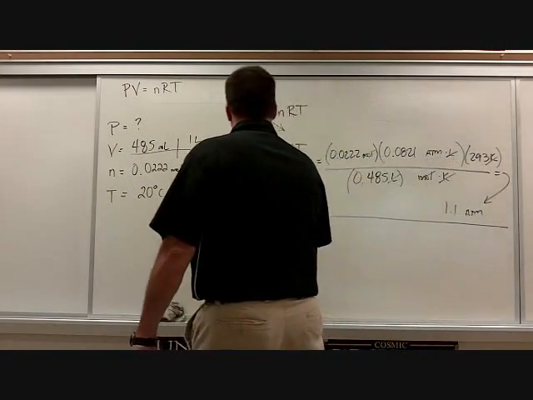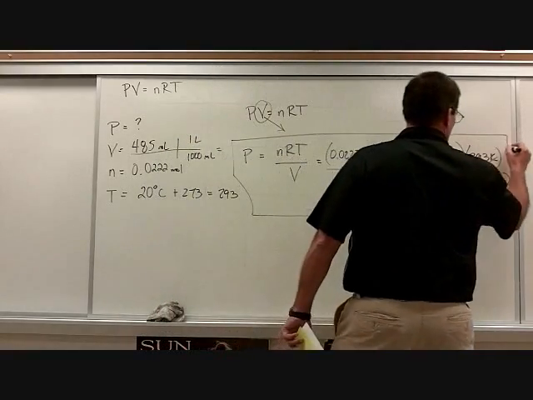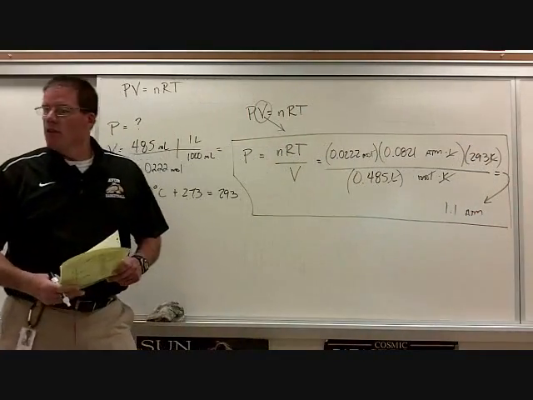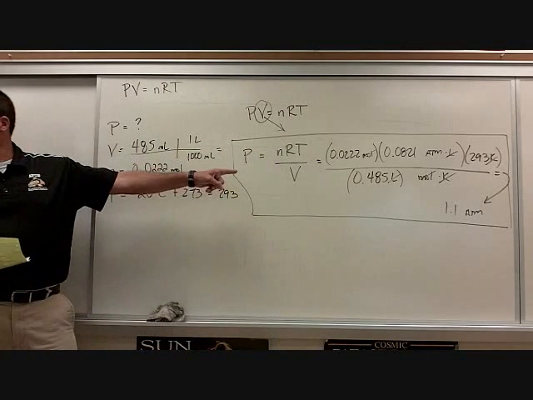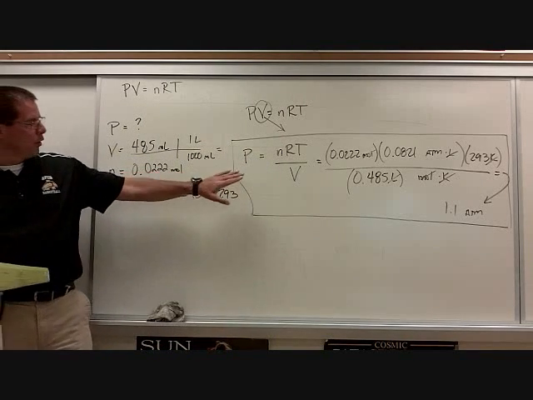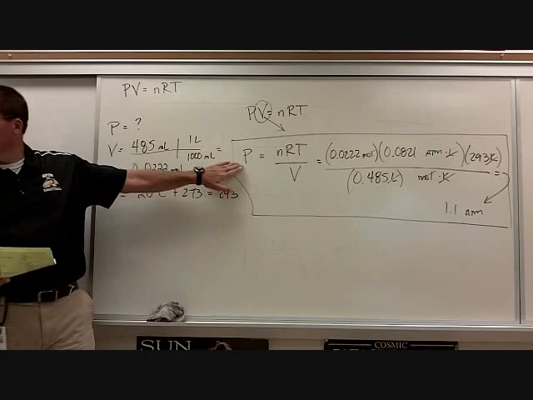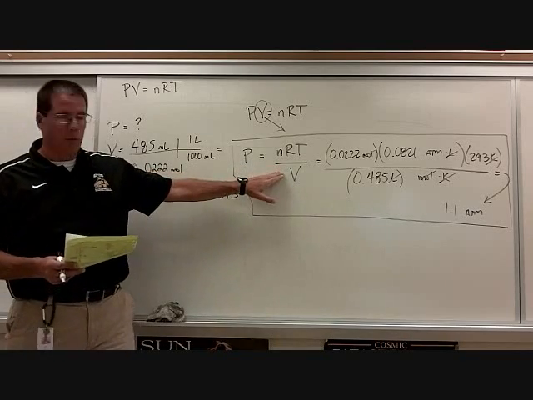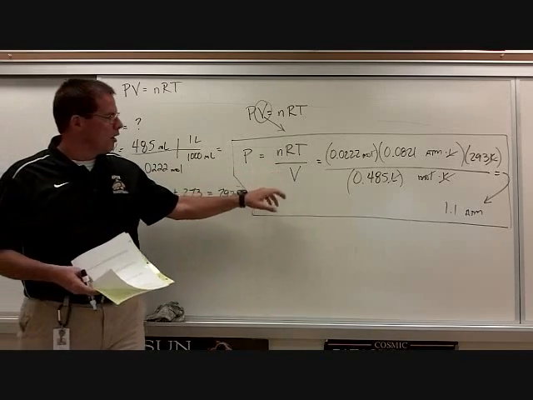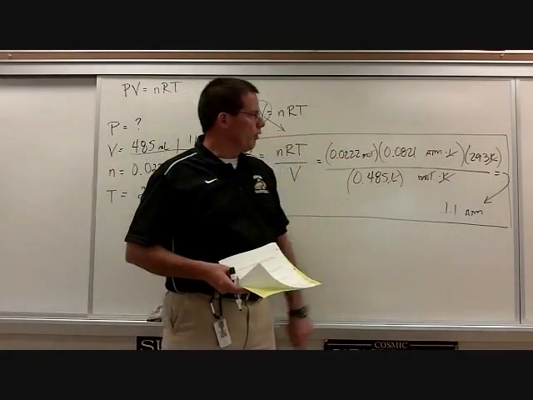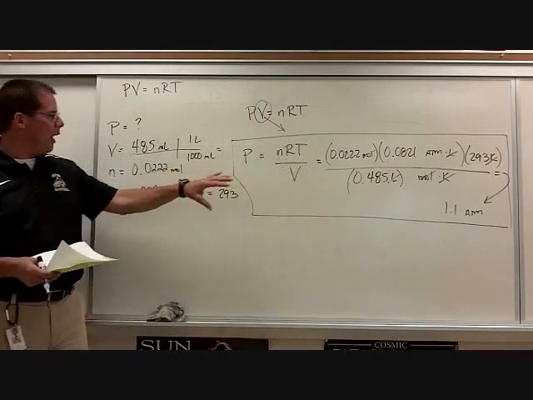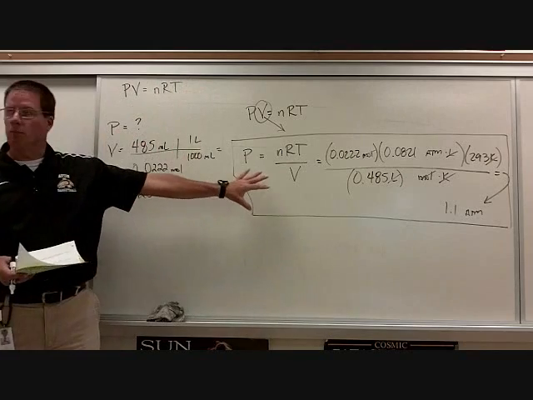Now, what I am putting in the box, the box is the only thing that I would grade. In other words, the variable that we're looking for, the variables that we know that have been rearranged, the values, and then the answer. So this is the minimum. How you get there is up to you.